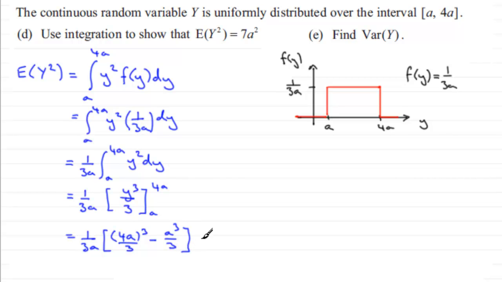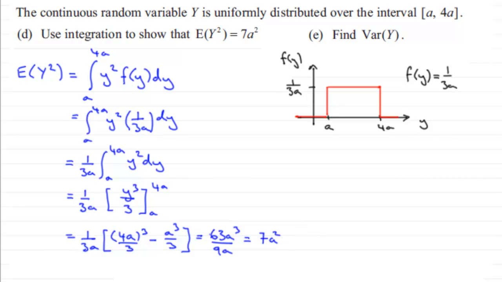If you work this out, 4a all cubed is 64a cubed over 3, minus a cubed over 3, that's 63a cubed over 3, but we've got times 1 over 3a, so that's going to be over 9a. I can see that this cancels. You can cancel 63 by 9, that's 7, and a cubed divided by a is a squared. So 7a squared is our answer.